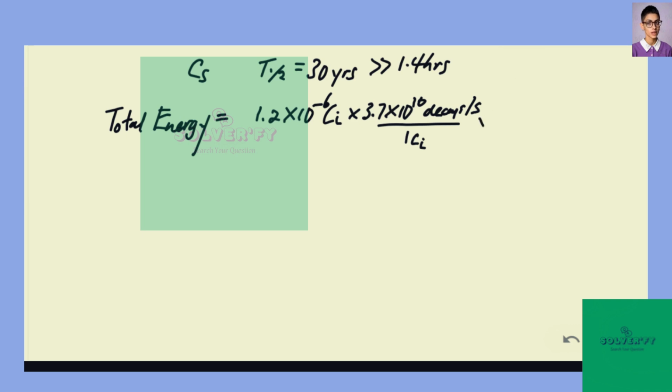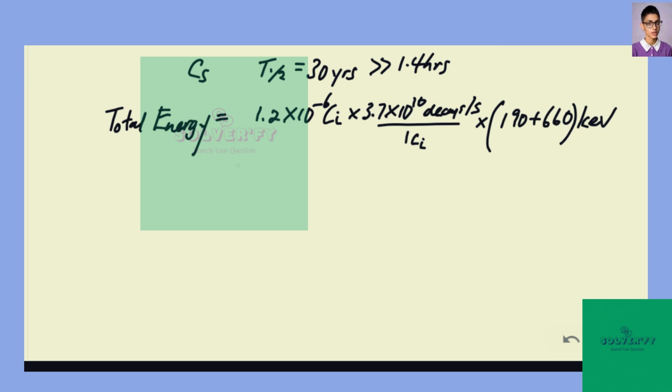Then we multiply this by the energy released per decay. We are given it's 190 keV for the beta and 660 for the gamma. So that is a total of 190 plus 660 keV.